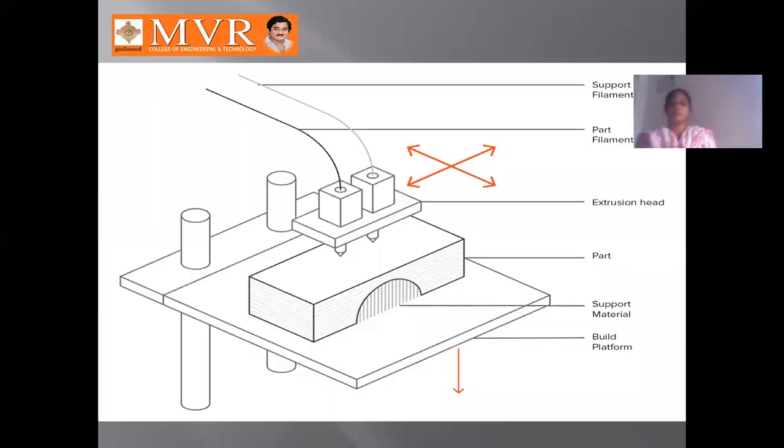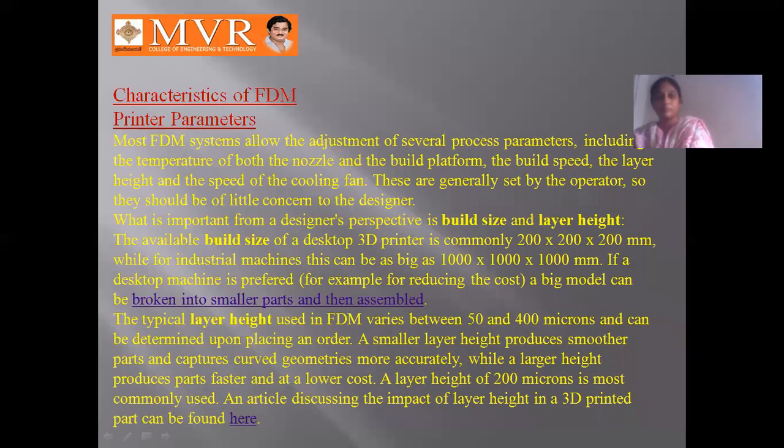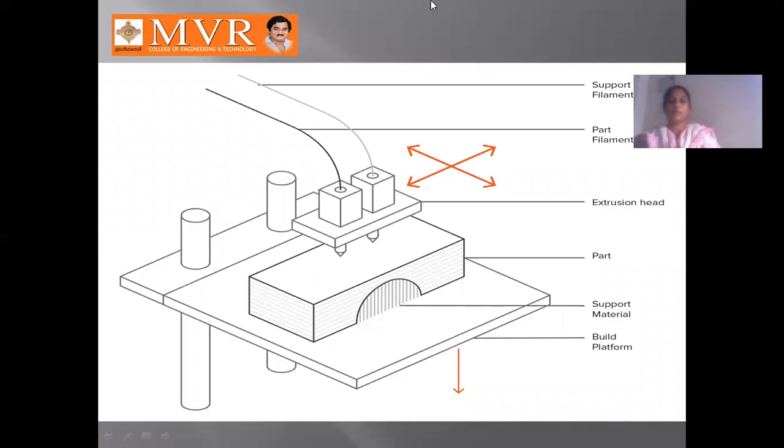This is the base platform. This is the support material, this is the part which we have taken, and this is the extrusion head. The extrusion head is where the material is added.